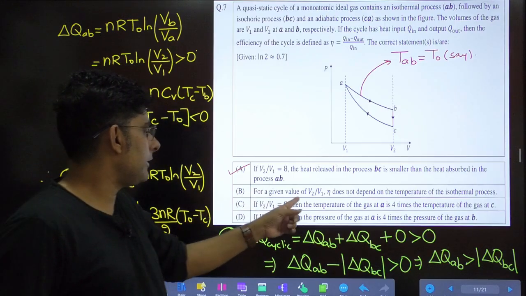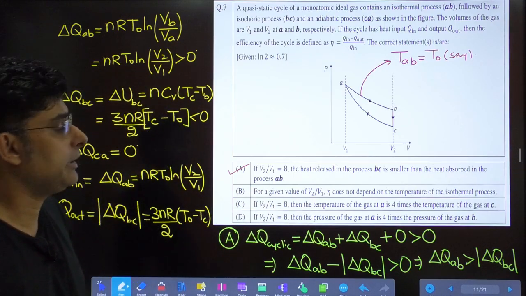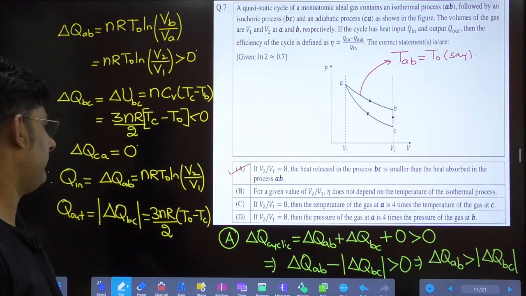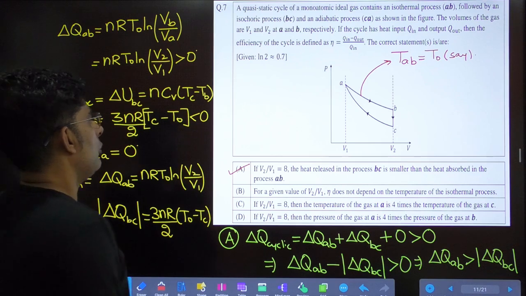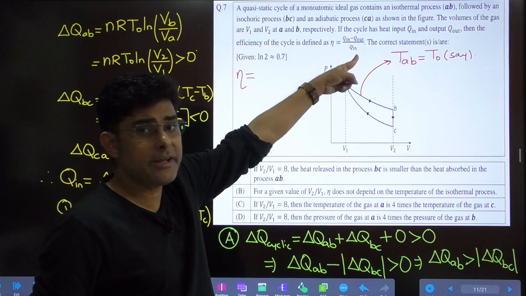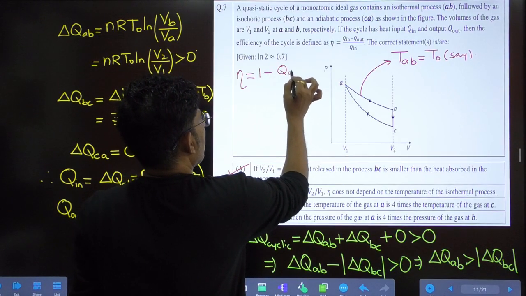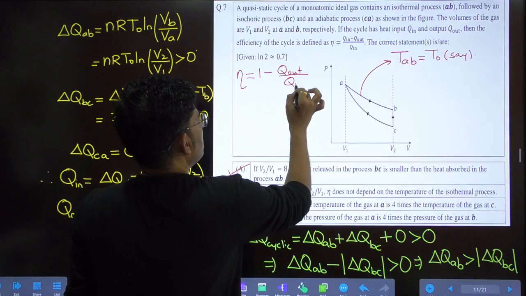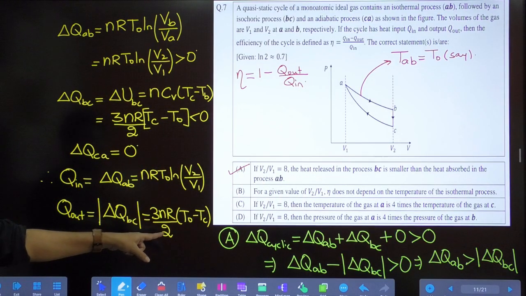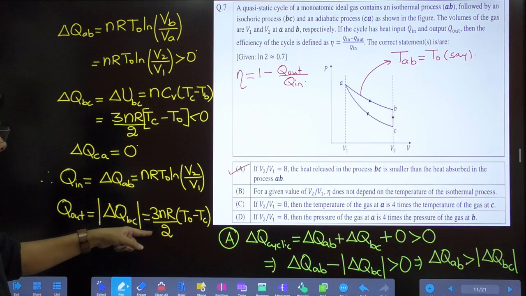Next, for a given value of V₂ by V₁, eta does not depend on the temperature of the isothermal process. Now they are asking about efficiency for a given value of V₂ by V₁. So how can we write efficiency now? Efficiency is (Q in − Q out) by Q in. So you can write it as 1 minus Q out by Q in. Now if you divide Q out by Q in, nR cancels.